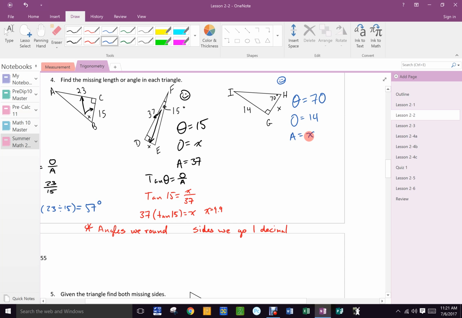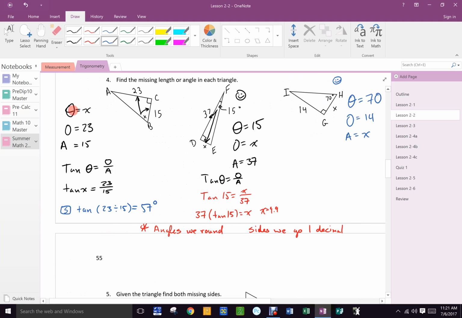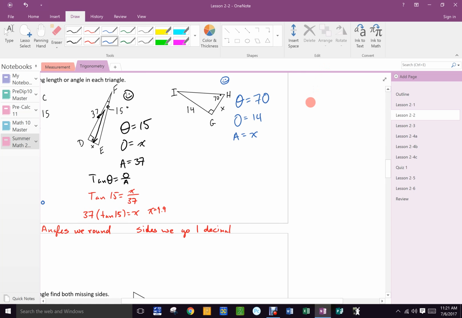Now, Amrit, you just asked, when am I going to use tan? When am I going to use shift tan? When I have a theta, I use tan because I know the angle. When I don't have a theta, I have to do shift tan because I don't know the angle. Shift tan finds angles, tan finds sides. So I'm going to write that little memory tool right over here.